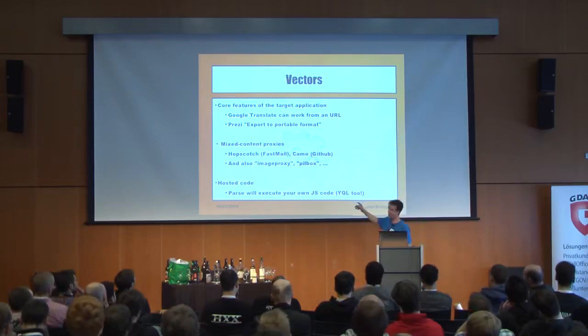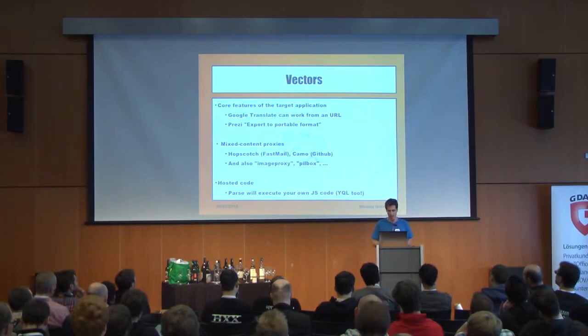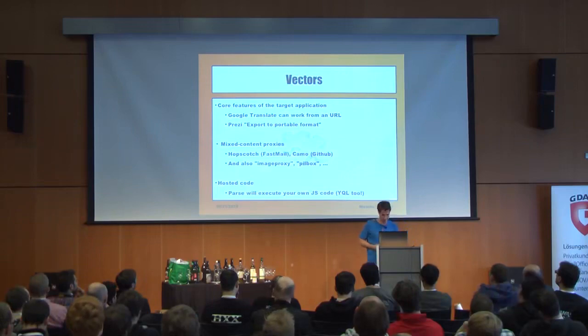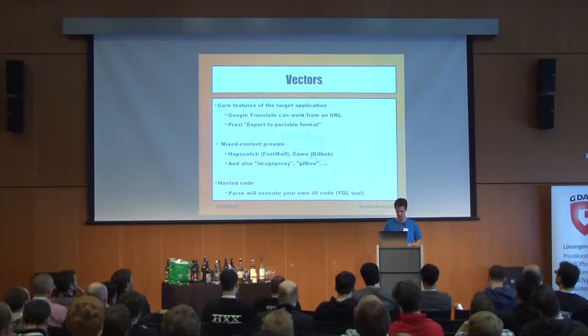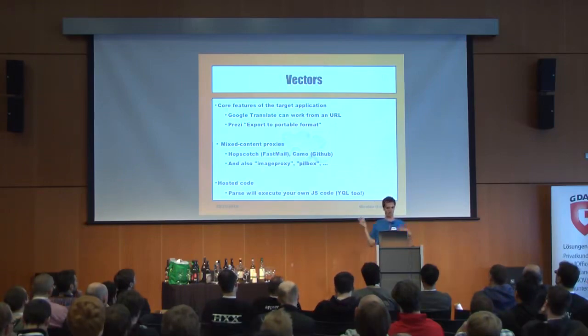And YQL, which is a big Yahoo application, allows you to import your own JavaScript code via YQL open data tables, which is something specific, but it's just JavaScript code which is executed server-side. And of course, each time I can execute code server-side, usually I score something big. So if you have more vectors similar to this one, I'm interested in the information.